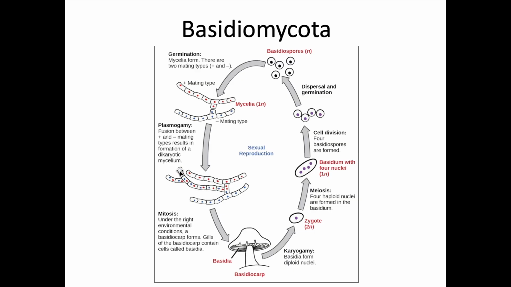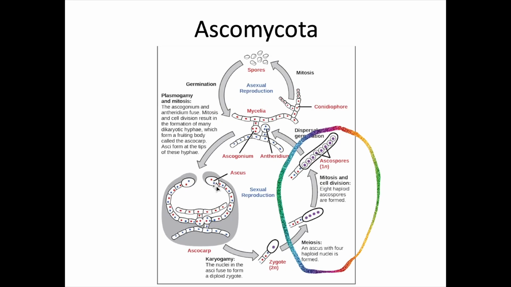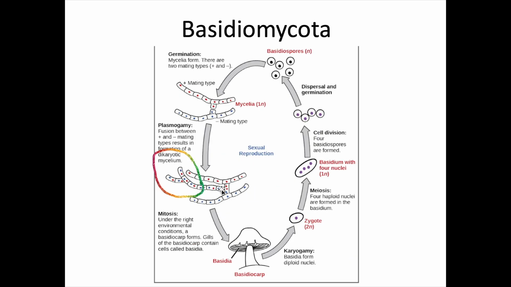You can see how there are a bunch of dikaryotic cells, but instead of stopping with just a small cup of dikaryotic cells, these Basidiomycota go even further. They form so many dikaryotic cells that it forms its own dikaryotic mycelium.